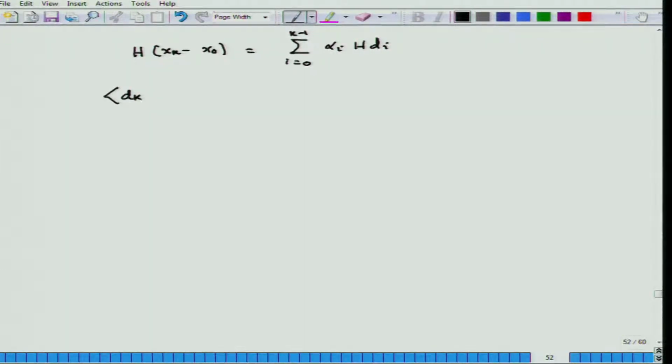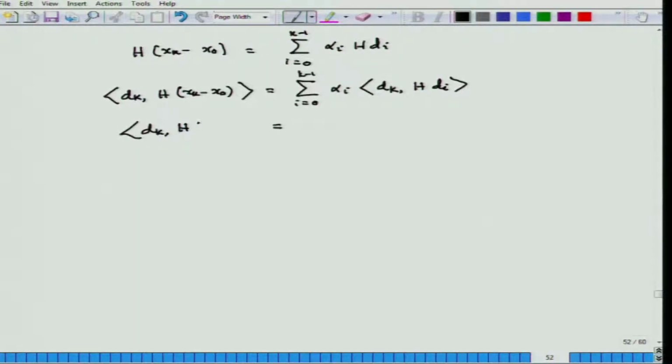Then d k h (x k minus x naught) is equal to summation i equal to 1 to k minus 1, I am possibly skipping some steps. Again, in the same way, because these are conjugate directions, for all k not equal to i, this is 0.